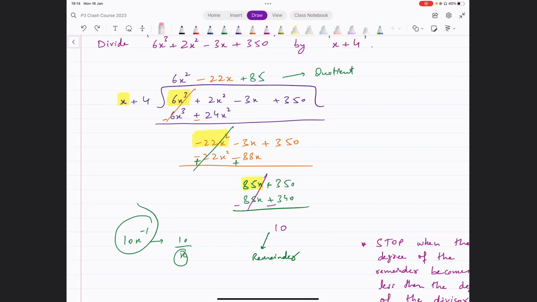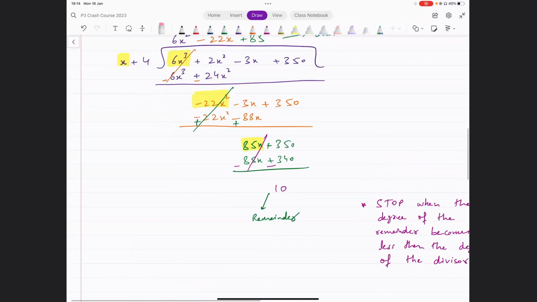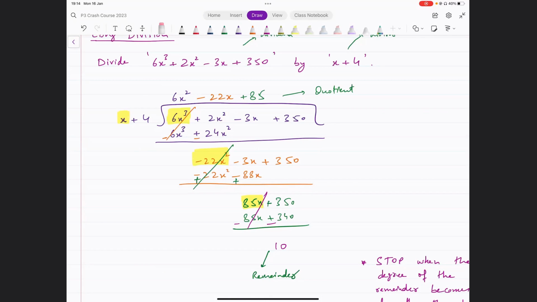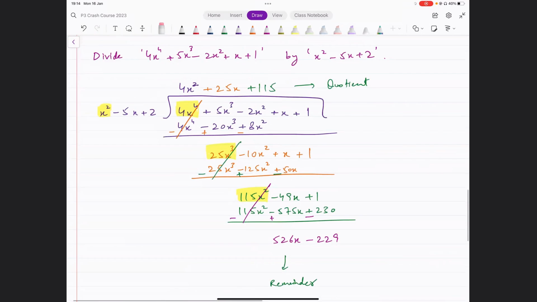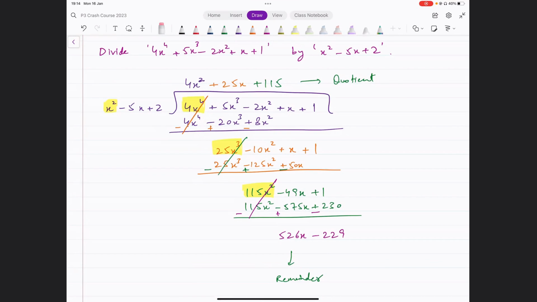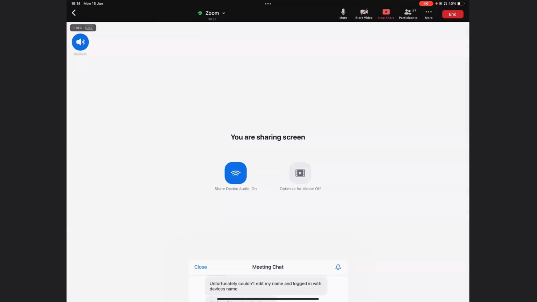We can't have that, because otherwise there's no end to it. You can keep going on x power minus 1, minus 2, minus 3. It'll keep going on until negative infinity, right? So we have to stop at this point, where the degree of the remainder becomes less than the degree of the divisor. Make sense? All right, good.